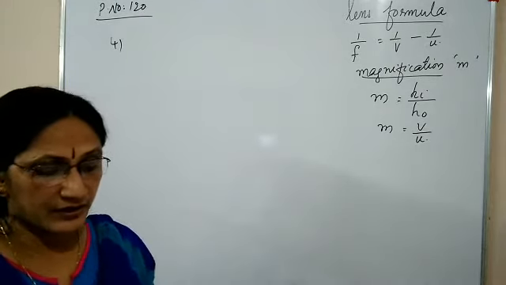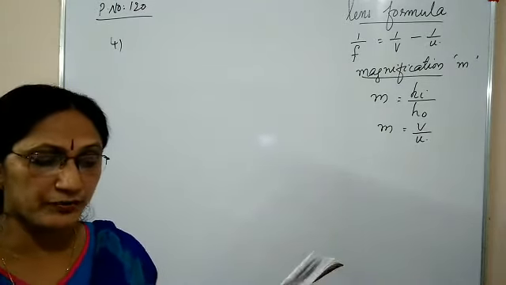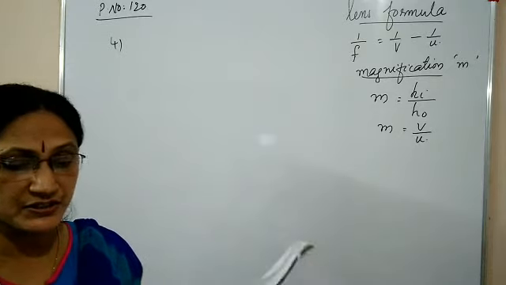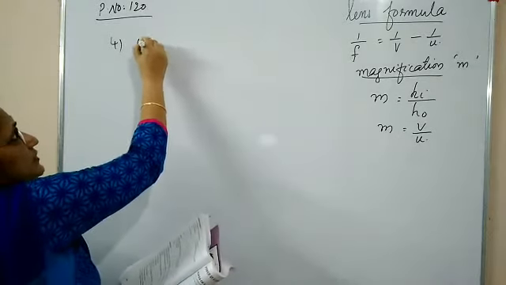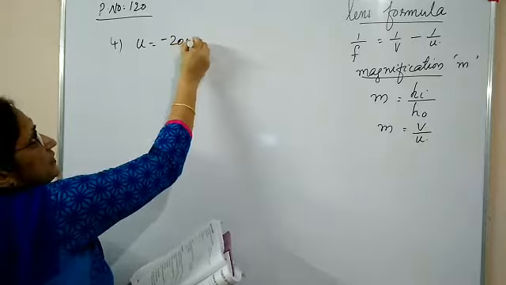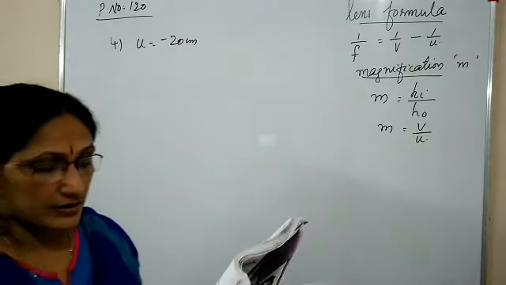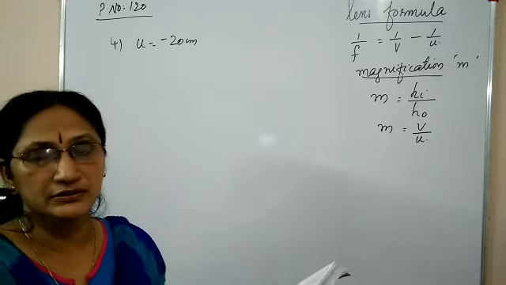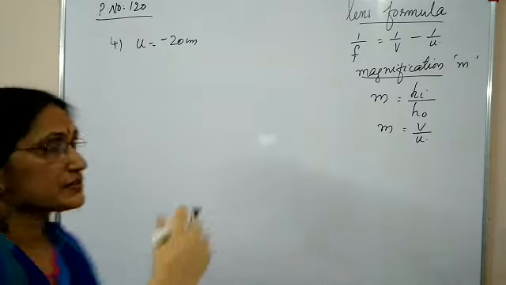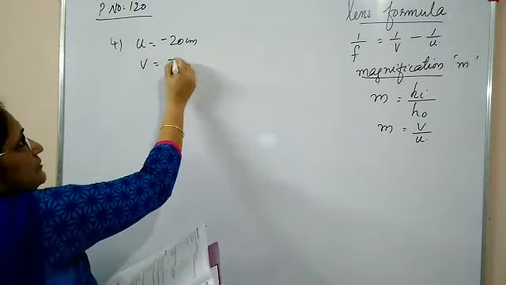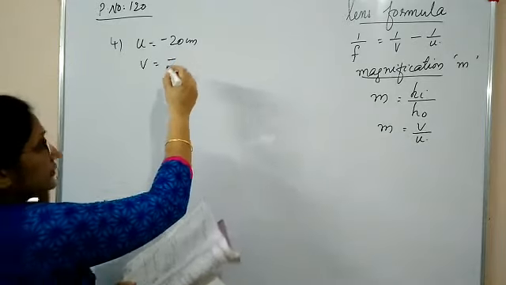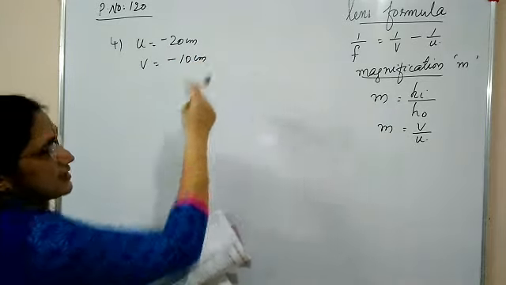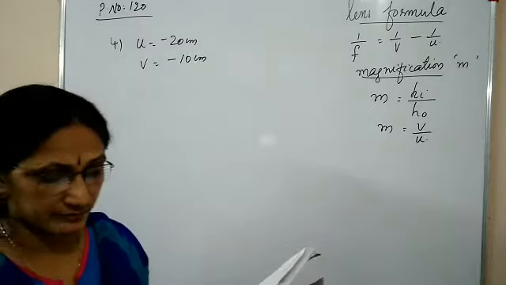A concave lens forms image of an object kept at a distance of 20 centimeter, means u is minus 20 centimeter, at a distance of 10 centimeter on the same side. It is a concave lens, so image also forms on the same side at a distance of 10 centimeter. So v is minus 10 centimeter.